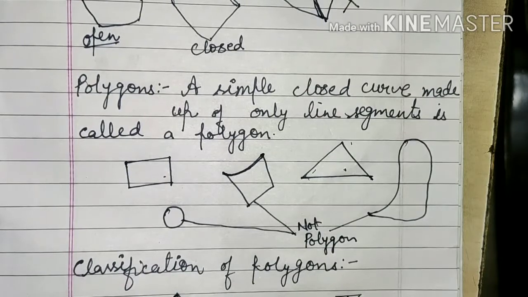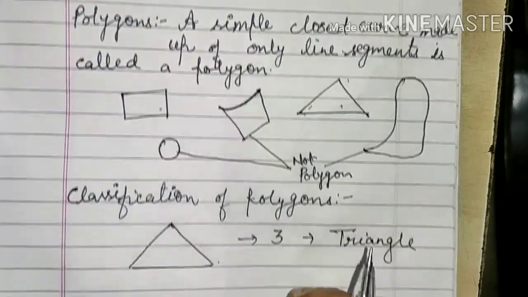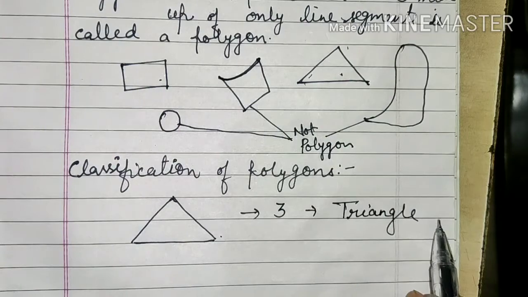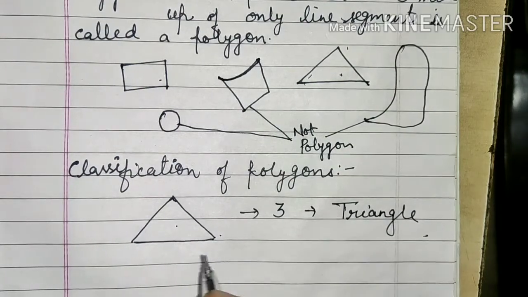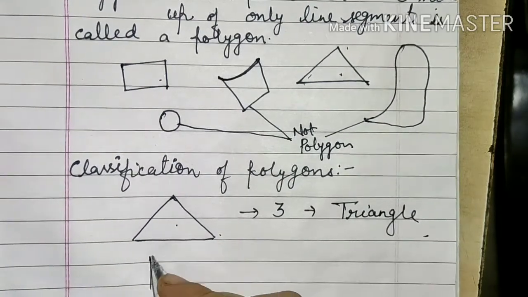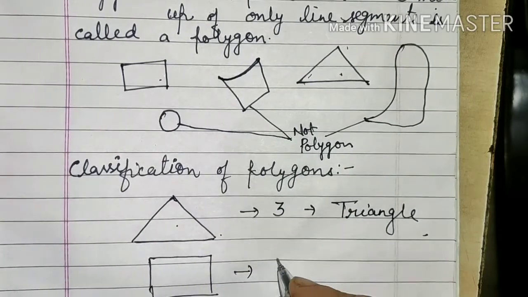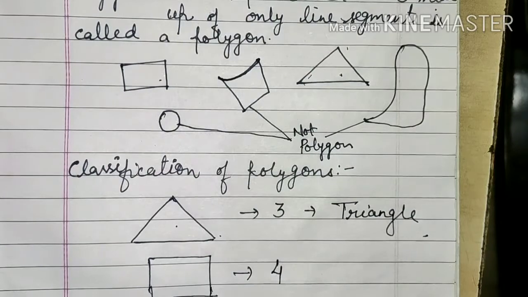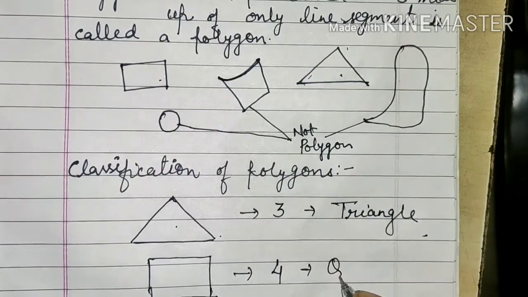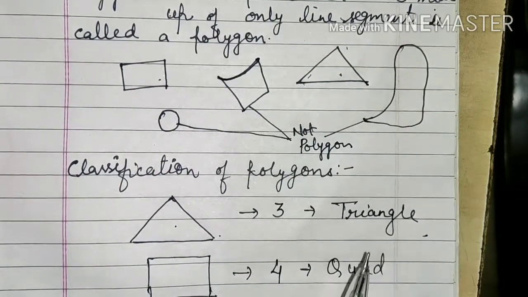This is a triangle. If we have four sides, then the polygon is known as a quadrilateral.